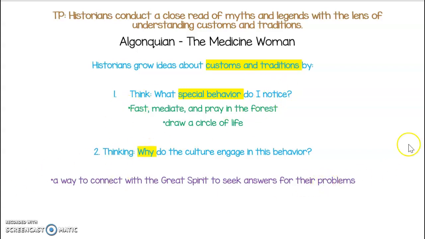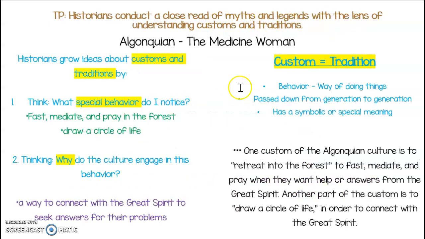Now, I'm going to take my answers to these two questions, and I'm going to think and infer. I want you guys to really think about what it all means. Make a connection. How does this relate to the Algonquin culture and their customs and traditions? Okay, so my answer is, I remember that a custom or tradition is a behavior. It's a way of doing things, and it has a symbolic or special meaning.